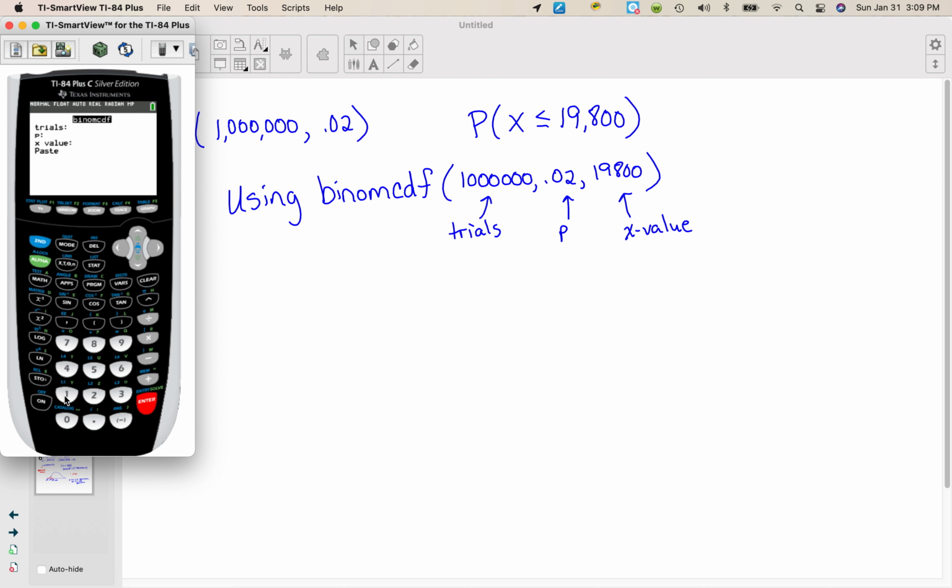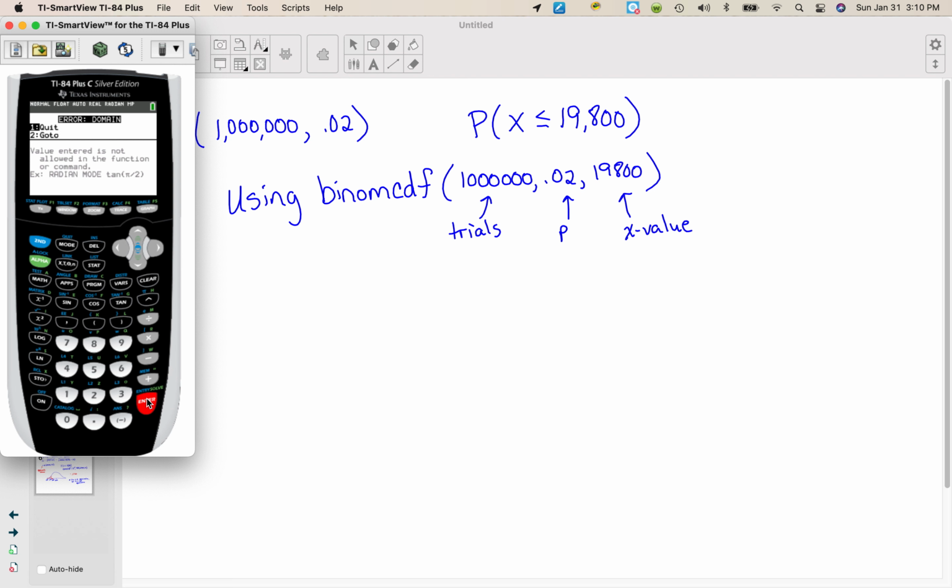My trials are 1 million. My probability of success is 0.02. My x value is 19,800. And notice that what I wrote here, binomial CDF, is kind of what they would put right here.